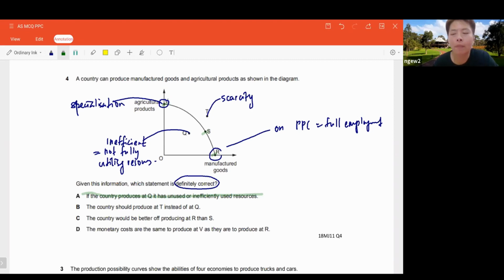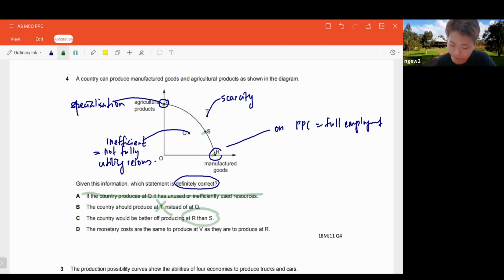But guys, just an advice for multiple choice questions: although you feel that answer A is right, please do spend a little bit of time to go through the other answers and confirm that they are wrong, okay? So let's do it. The country should produce at T instead of Q? Impossible, because T is scarcity, you cannot make it, okay?